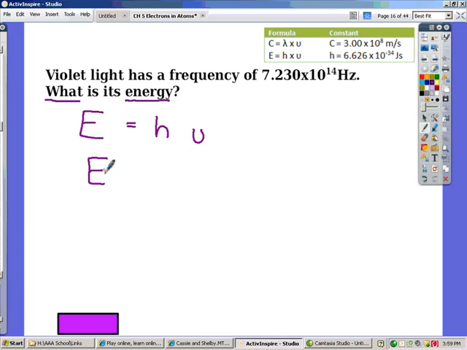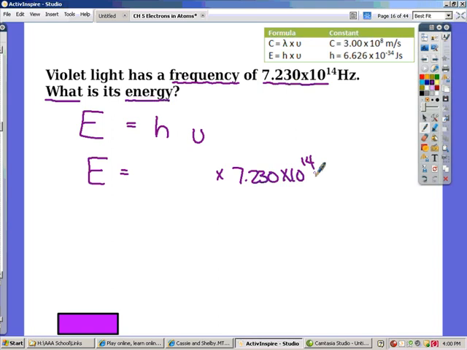It says that violet light has a frequency of, and it gives us this big number over here. So I know that the frequency is 7.230 times 10 to the 14th hertz.